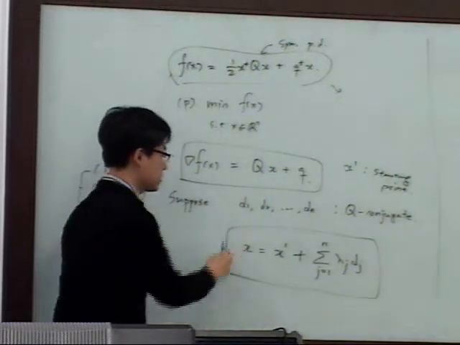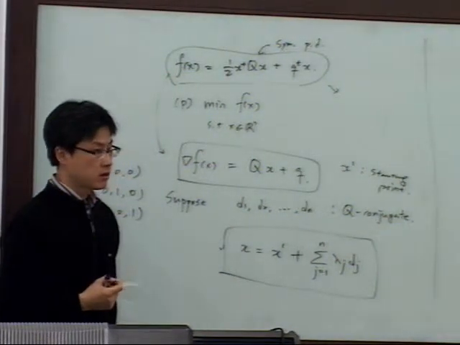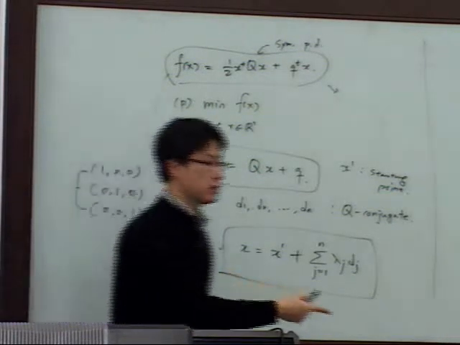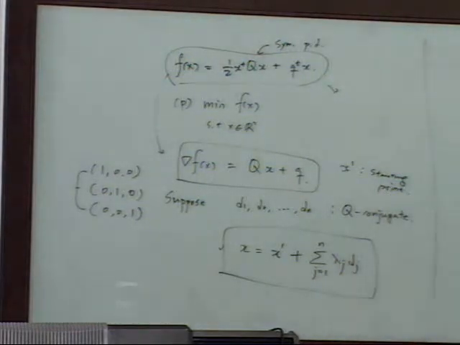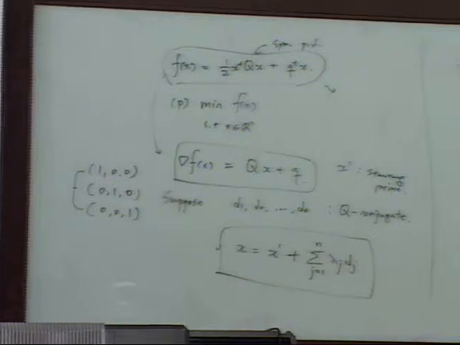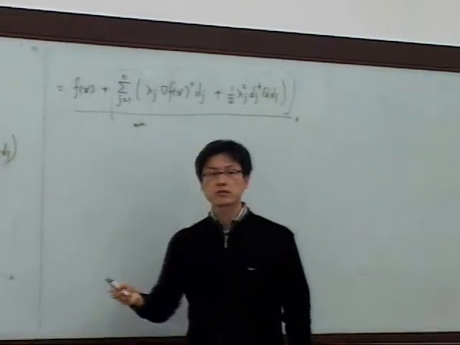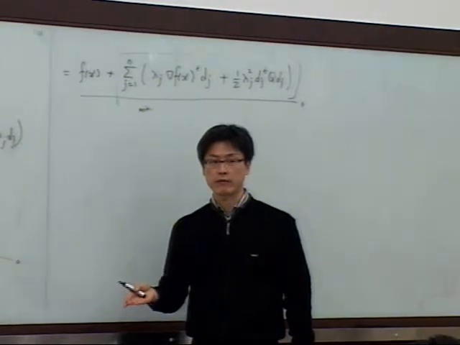We are moving from x1 to x following that direction, and we evaluate it, and we'd like to minimize it, because if we minimize this, that means we are following some direction which minimizes our objective.